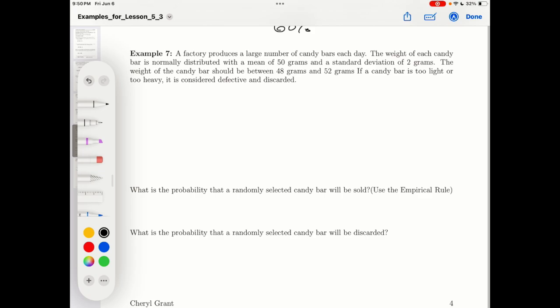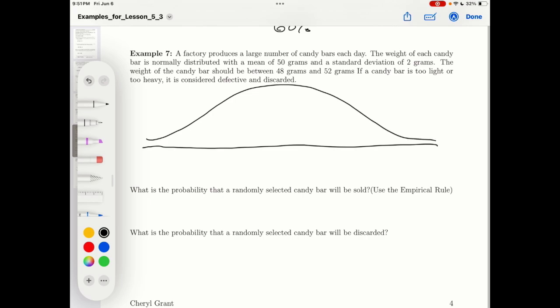Example 7 says a factory produces a large number of candy bars each day. The weight of each candy bar is normally distributed with a mean of 50 and a standard deviation of 2. The weight of the candy bar should be between 48 and 52 grams. If a candy bar is too light or too heavy, it is considered to be defective and discarded. So let's draw our normal distribution so that we can make our chart.